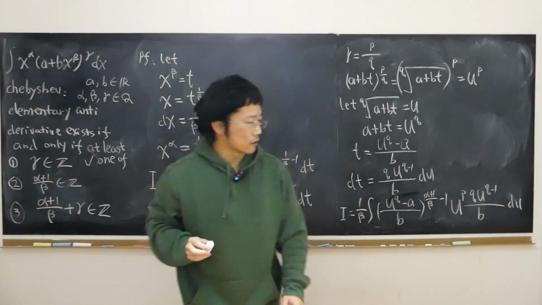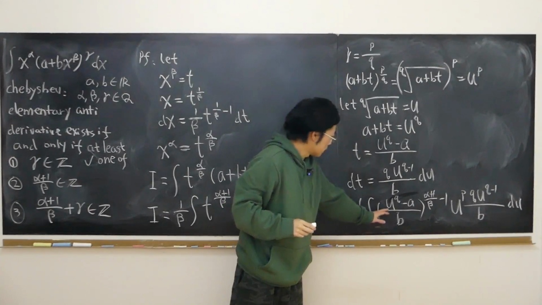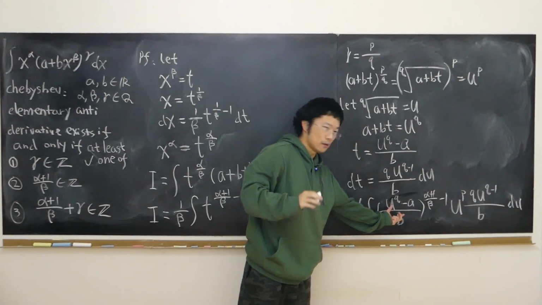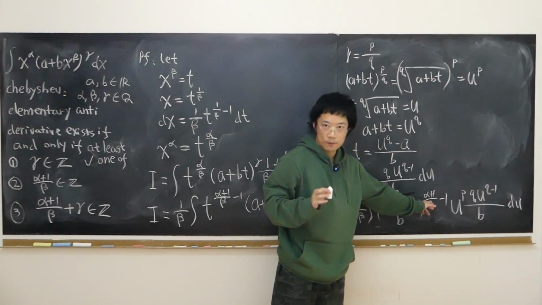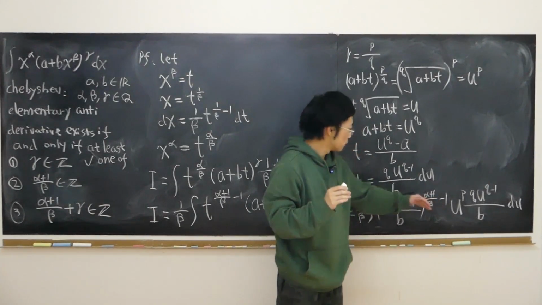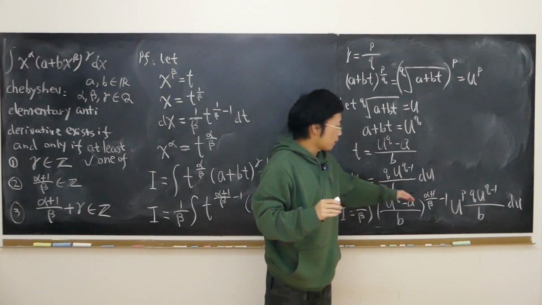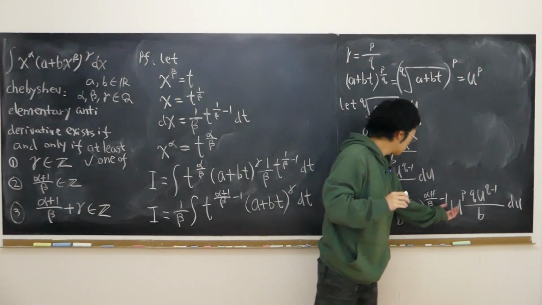So let's look at this expression now. Like I said, this quantity is a polynomial in terms of u. Raise it to the power of some integer, could be a positive integer or a negative integer. So it's going to be either a polynomial or a rational function in terms of u.